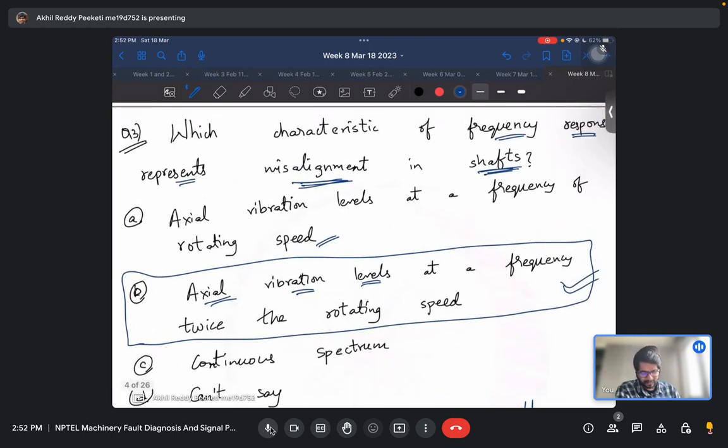So the characteristic response of misalignment is axial vibration levels at a frequency twice the rotating speed. If you see such amplitudes at twice the frequency of rotating speed, then you can say that there is some misalignment issue in the shafts.